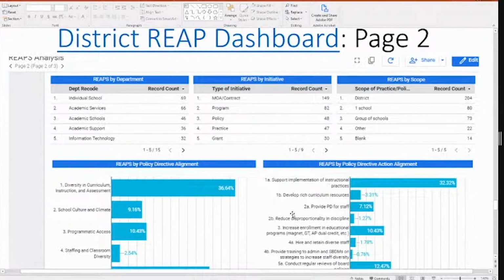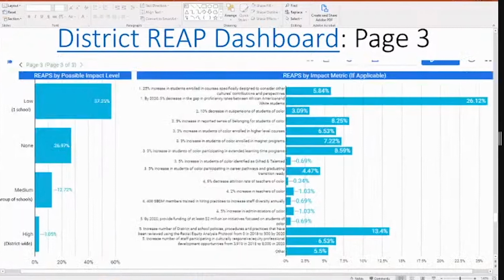Then the last page is about impact, because people always want to know what's the impact. Right now we will call this potential impact. We're in a data-challenged year because of COVID, but what we did was code each REAP topic and look at two things.